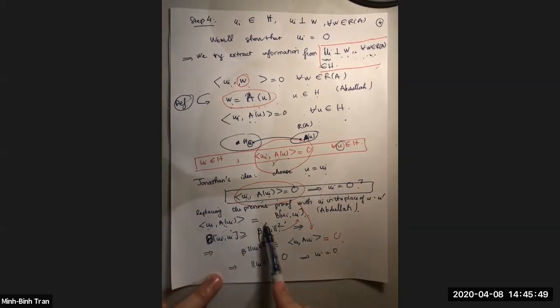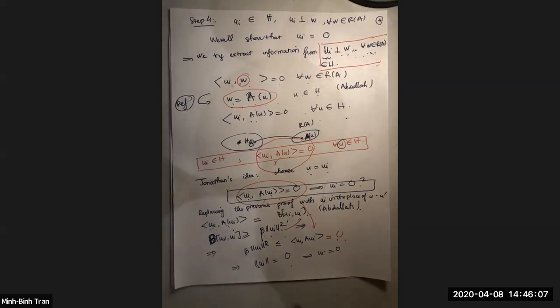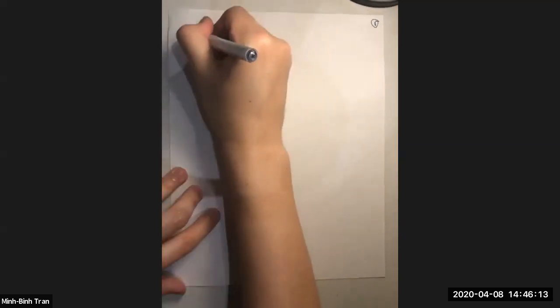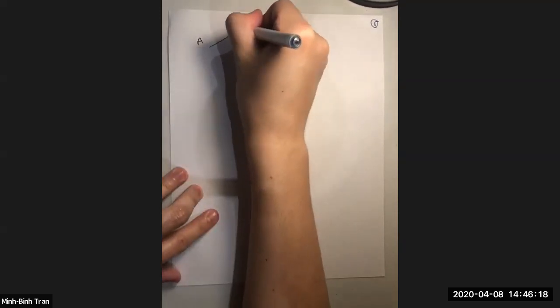So ⟨u_i, Au_i⟩ will be the bilinear form B(u_i, u_i). Now I'm going to use the coercivity to show that this is bigger than beta ||u_i||^2. But you know that ⟨u_i, Au_i⟩ is 0, meaning that u_i has to be 0, right? So this finishes our step 4. So now we know, what do we know about A?